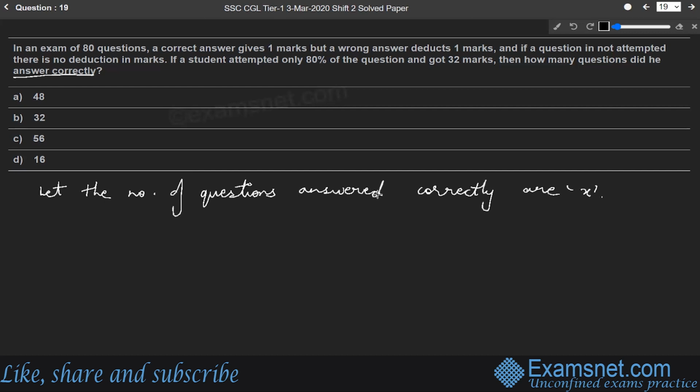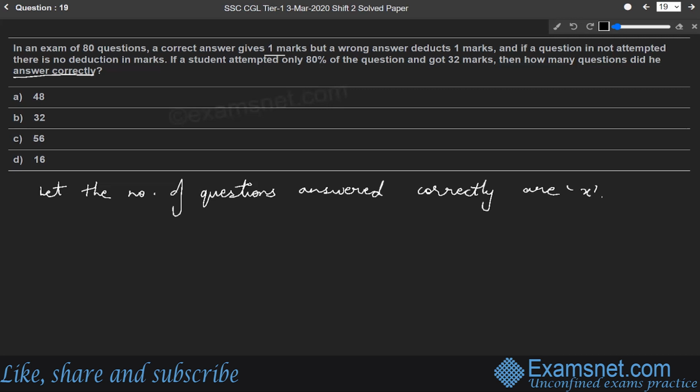Now several conditions are given in the question: if an answer is correct, then we get 1 mark, but if an answer is wrong, then 1 mark is deducted. Deducted means, suppose the total score is 82, but if a question is wrong, then 1 mark will be less, so it will be 81.